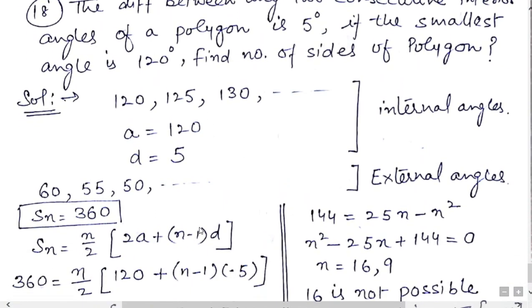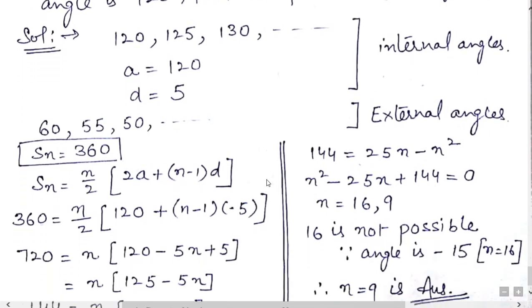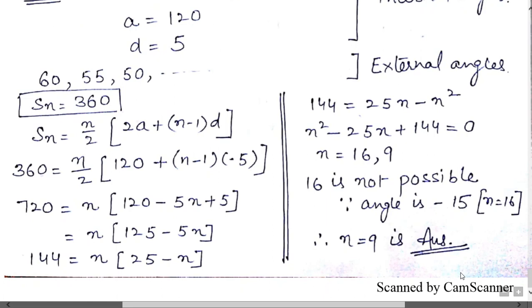Suppose I take this series 60, 55, 50 and so on. If I find the 16th term by inserting n is equal to 16, the angle is minus 15, which is not possible because a negative angle is not possible. It means 9 is the feasible answer.